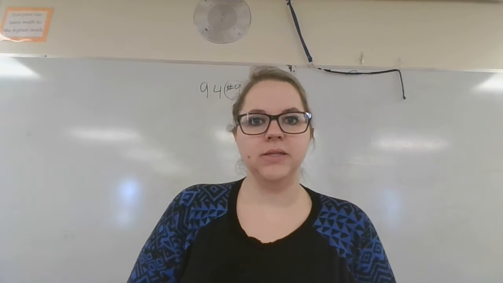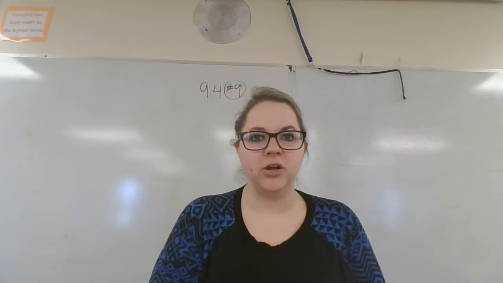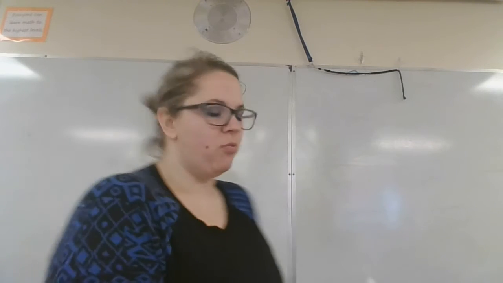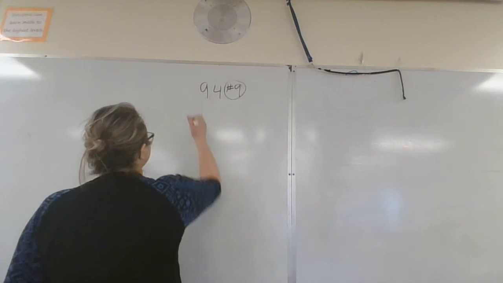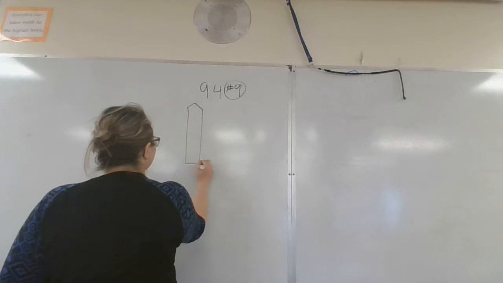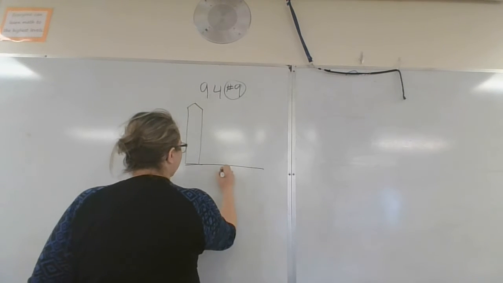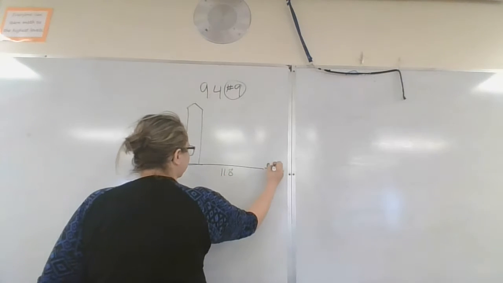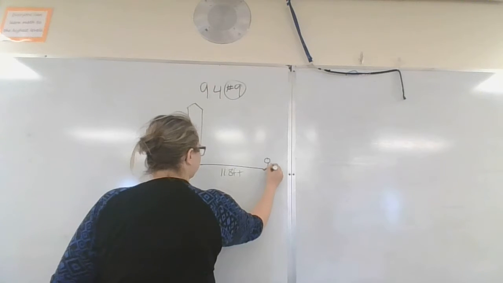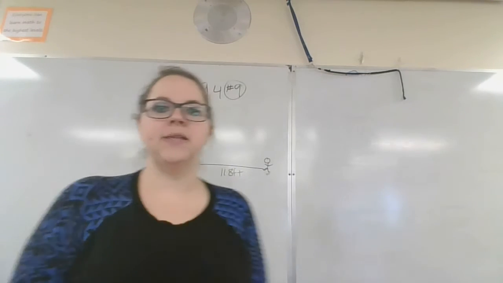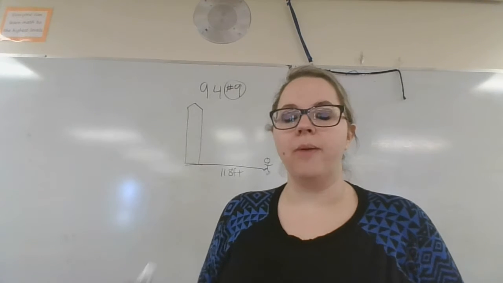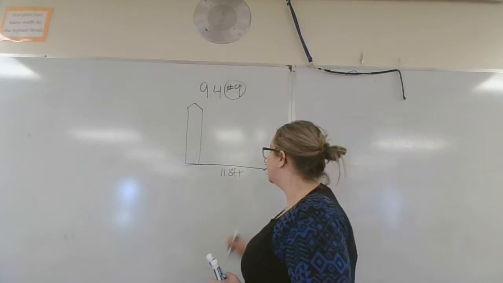Okay, so number 9 says a surveyor is standing 118 feet from the base of the Washington Monument. So here is the Washington Monument, and a person is standing 118 feet away. Here's the person. It says the angle of elevation from the ground to the top of the monument is 78 degrees.